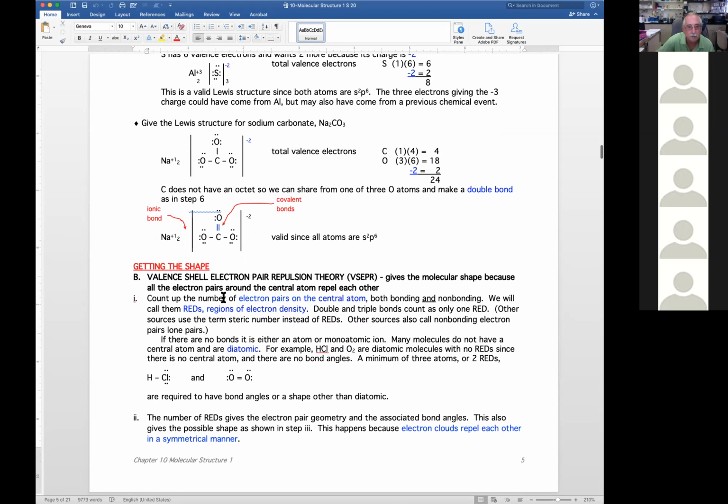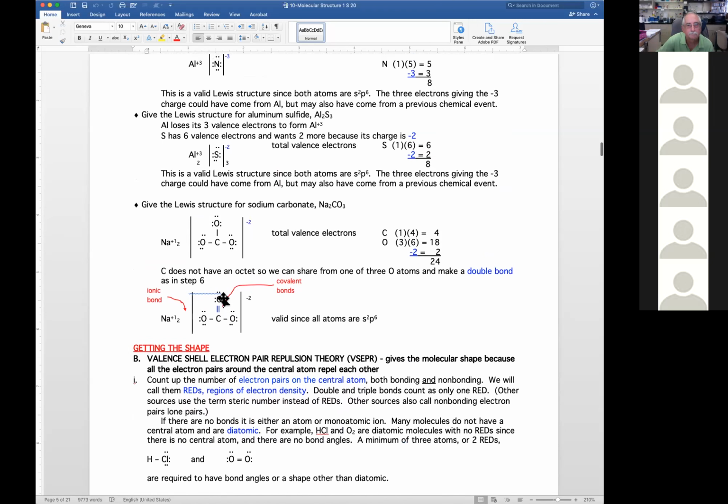So let's see, here is aluminum sulfide, similar type of thing. And then we get to something that needs some explanation.